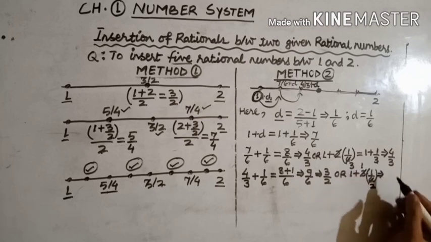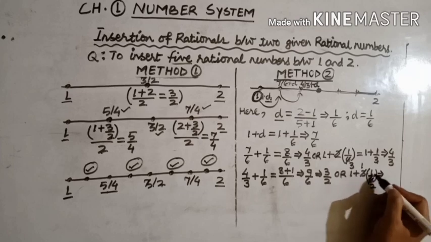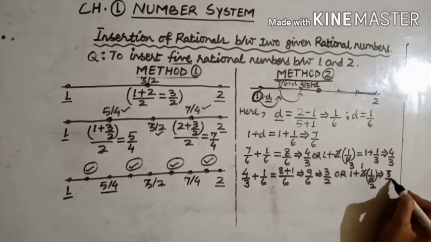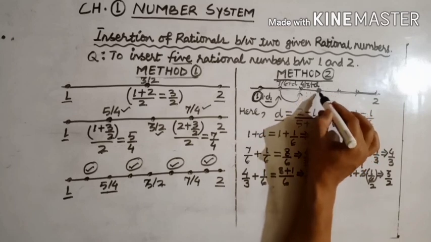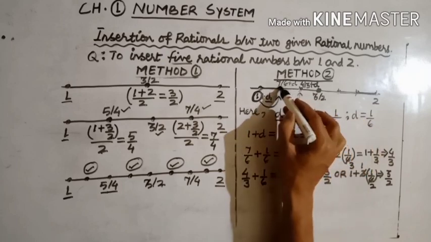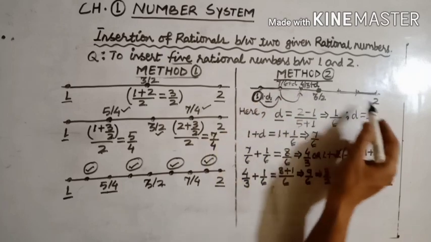So this equals 2 ones are 2 plus 1, 3 by 2. So 3 by 2 is the third rational number between 1 and 2.